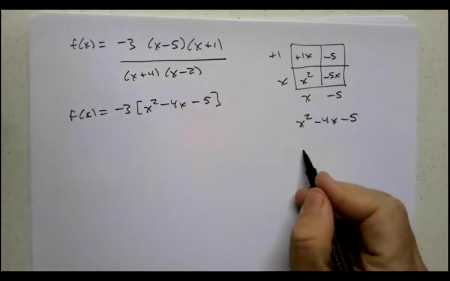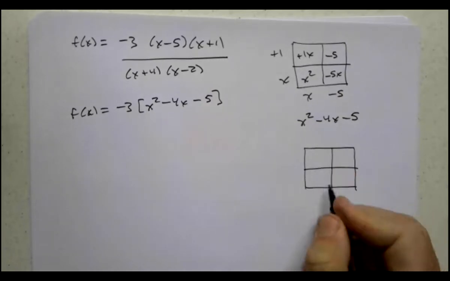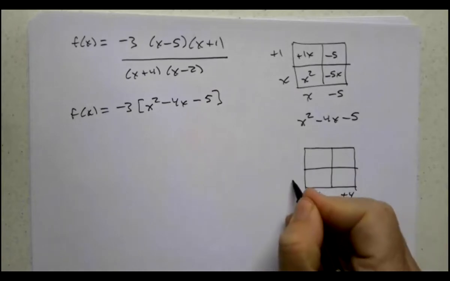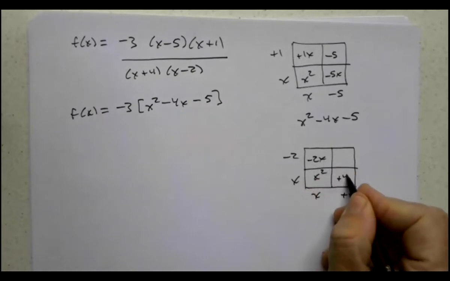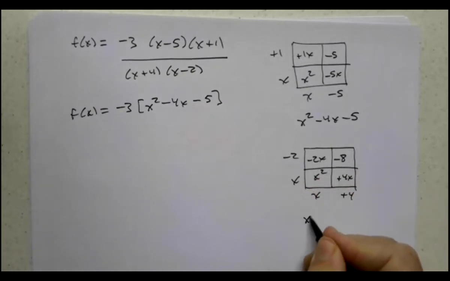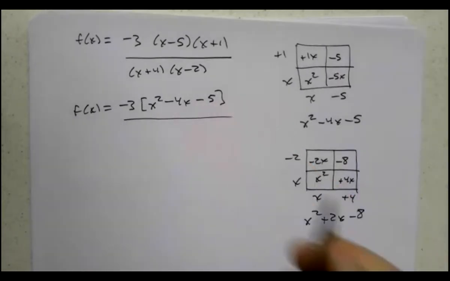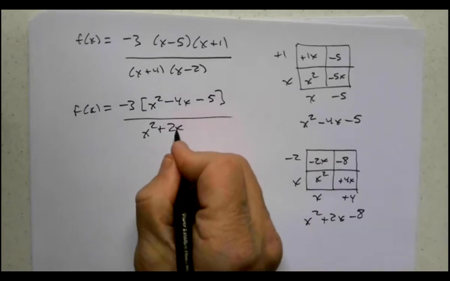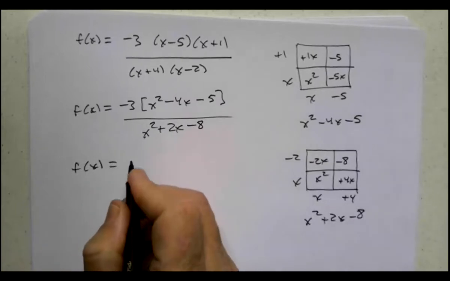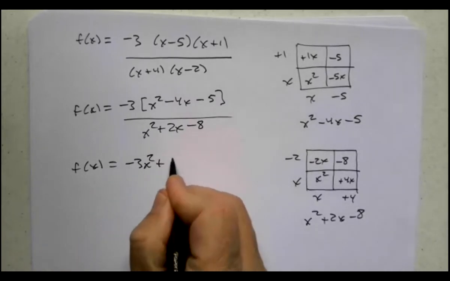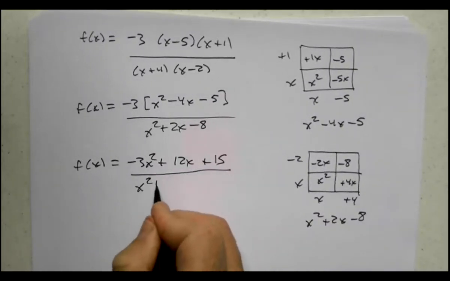Downstairs, (x + 4)(x - 2) gives x squared - 2x + 4x - 8, which is x squared + 2x - 8. Multiplying out the top, you see -3x squared followed by lower terms: -3x squared + 12x + 15. Downstairs, I get x squared + 2x - 8.